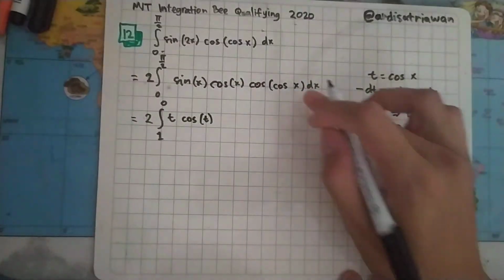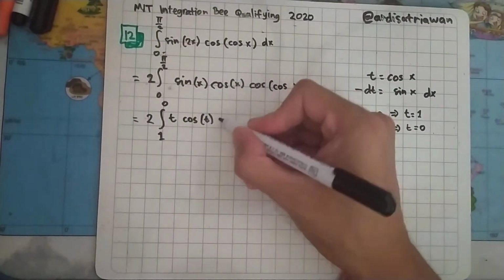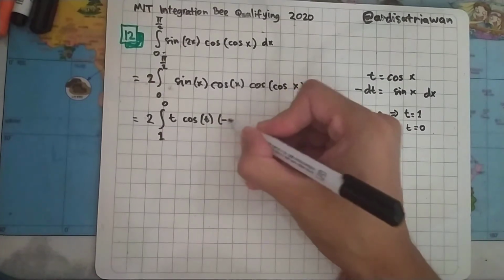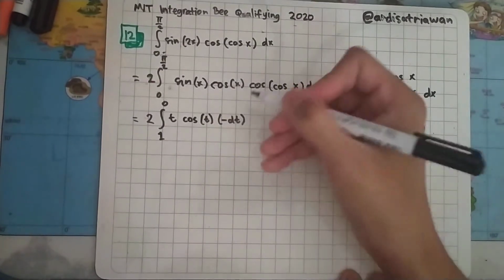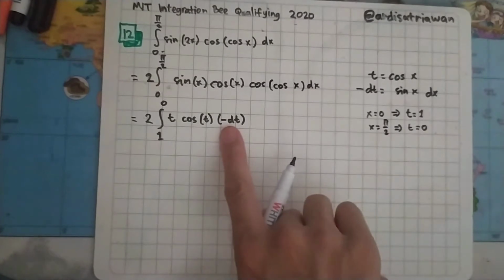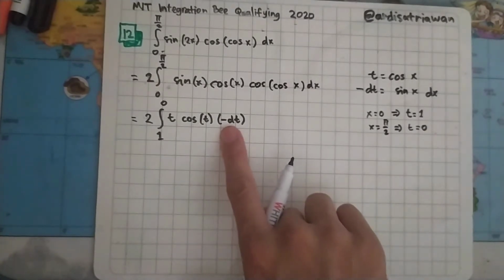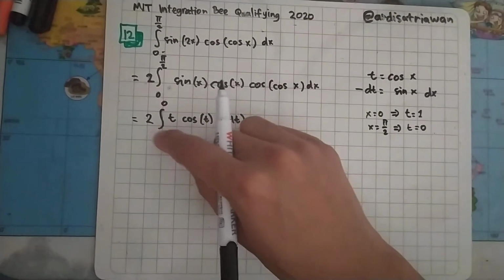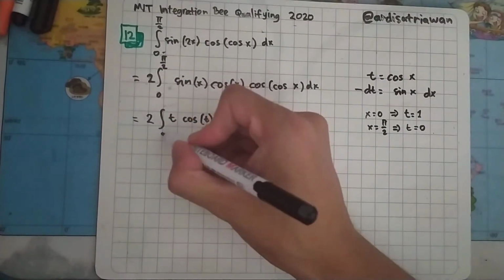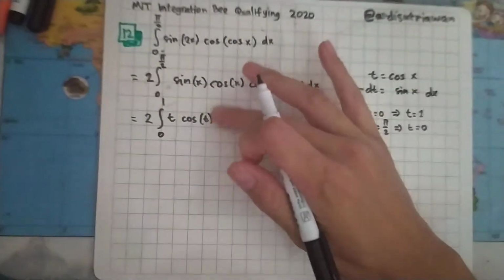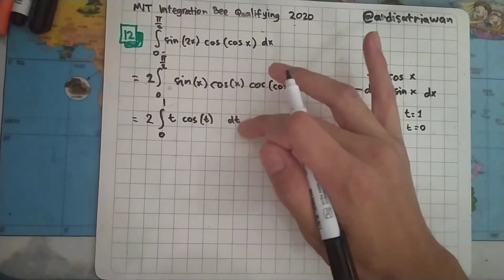And we want to get rid of this minus sign by flipping the integration limits. So this is from 0 to 1, and the negative sign is gone.